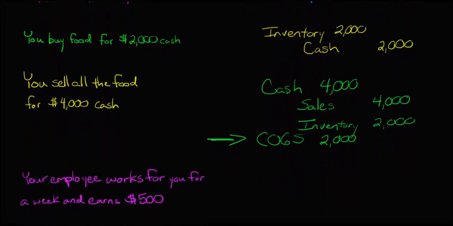So let's say that you had an employee that worked for you, and they worked the entire week, and at the end of the week you realize this person has earned $500. So now, even before you pay this person, you need to make some kind of entry to reflect that you had wages expense of $500, but you haven't paid it yet, let's assume.